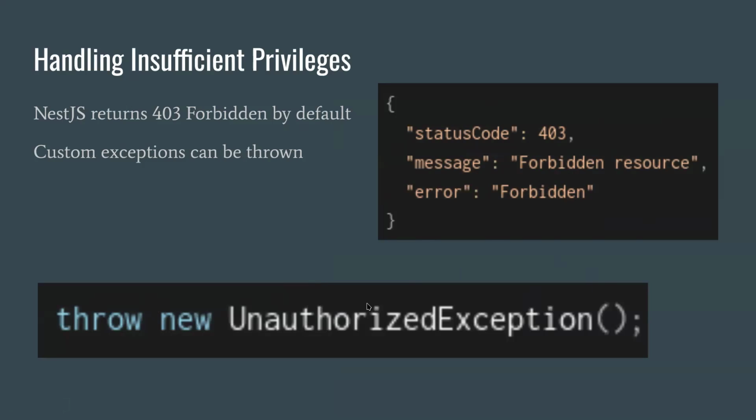For instance, we can throw a new UnauthorizedException, which means any exception thrown by a guard will be handled by the exception layer, including the global exceptions filter and any filters applied to the current context.